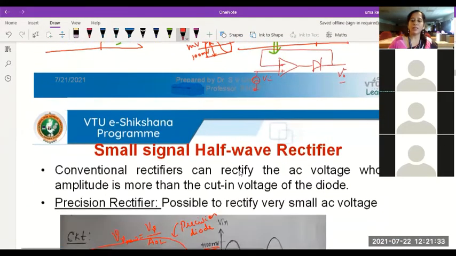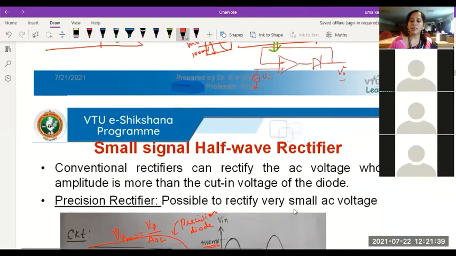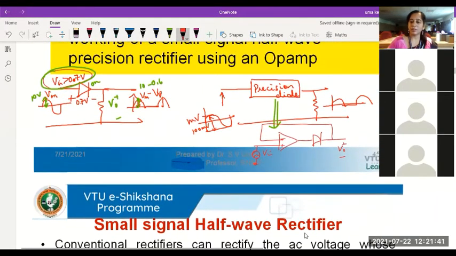Whenever we include the diode in the feedback loop of an op-amp, its cut-in voltage V gamma, which is 0.6 or 0.7 volts, which we had for a diode, will reduce by the open loop gain of the op-amp. Remember, the open loop gain of the op-amp is in the range of 10 to the power of 5.